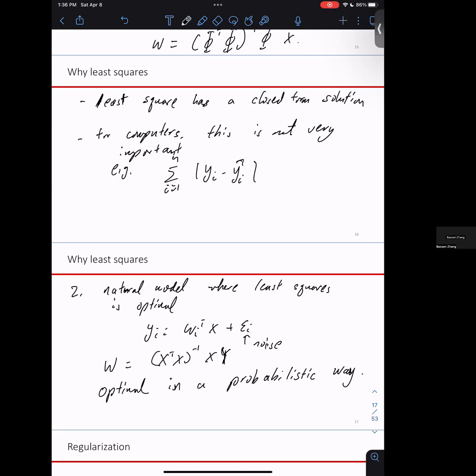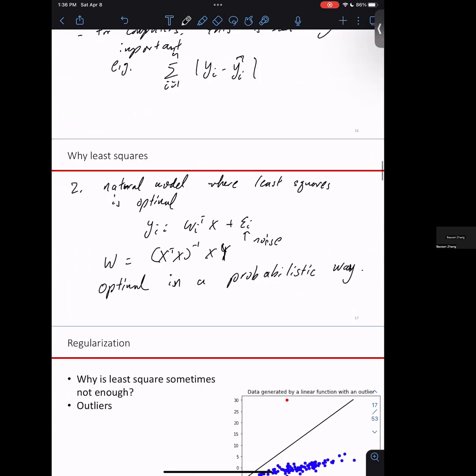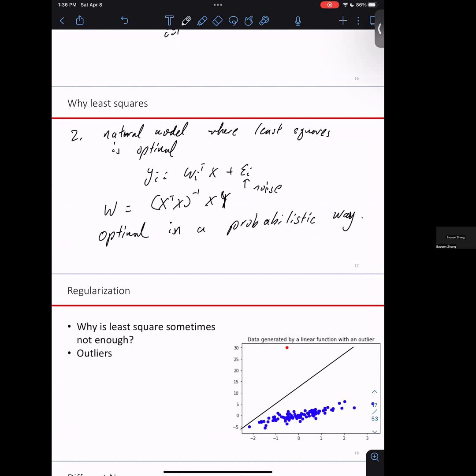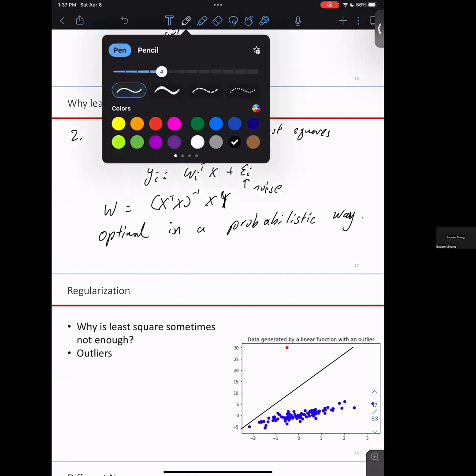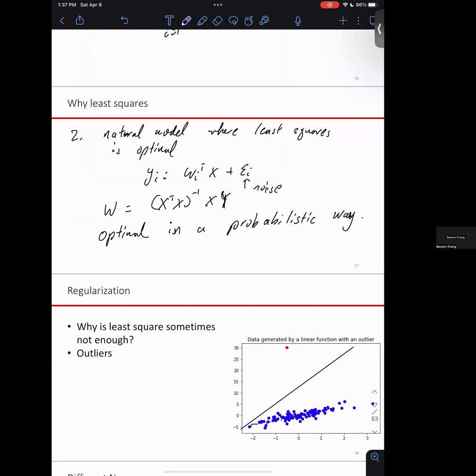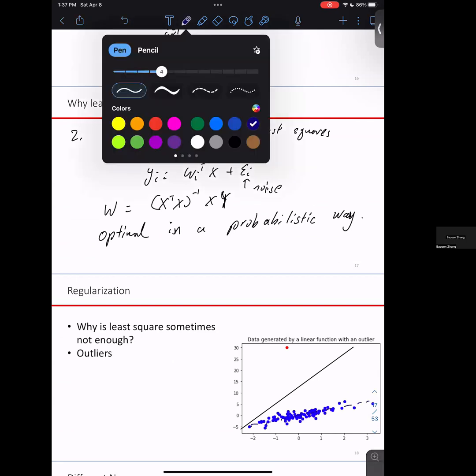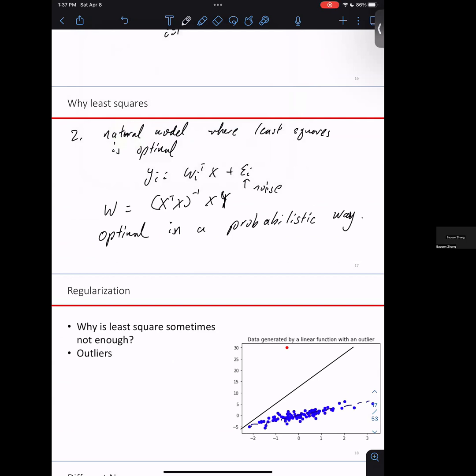So of course, least squares is not always optimal, right? It's not always optimal. One problem with least squares is the fact that you have outliers. So for example, in this case, all the blue dots define it very clearly. There's a linear relationship, right? It goes through this. But let's say you have one point that is an outlier, maybe you have a sensor error, or maybe there's a bug, or just something very rare happened once. You have this red dot.